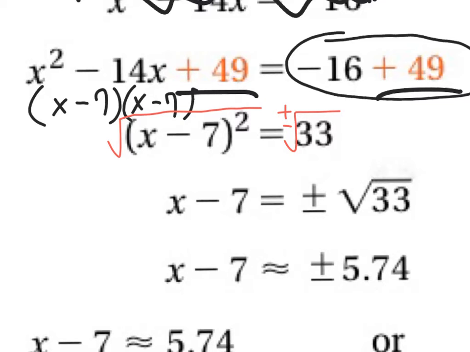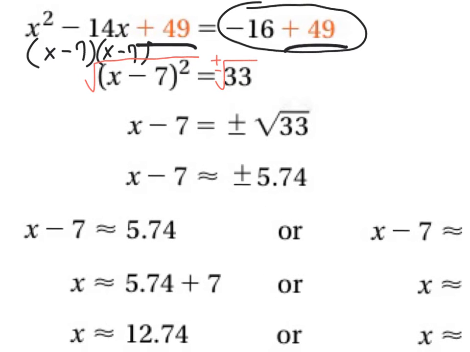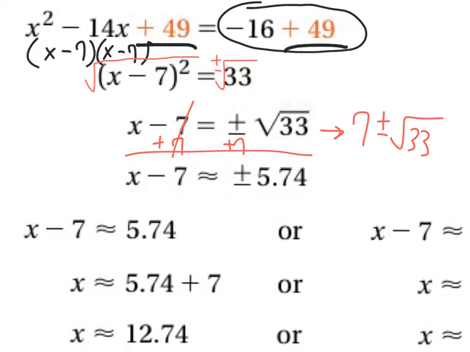When we add the square root sign, we got to add plus or minus in front of it. And then that gives us x minus 7 equals plus or minus square root of 33. And so at that point, we can just add 7 on both sides. If you add 7, you're going to get 7 plus or minus square root of 33.